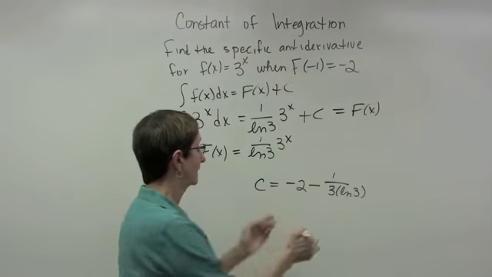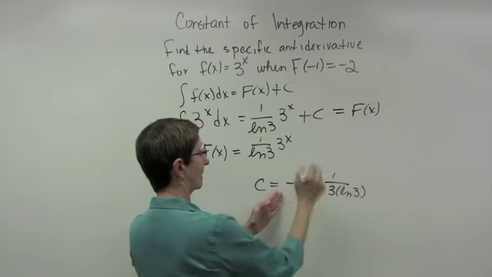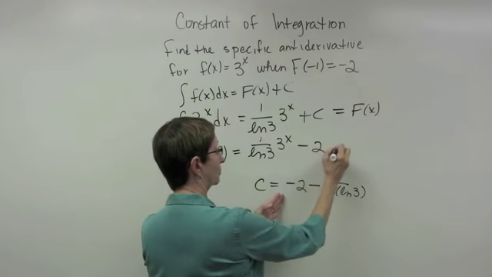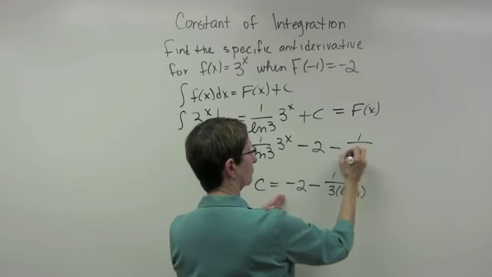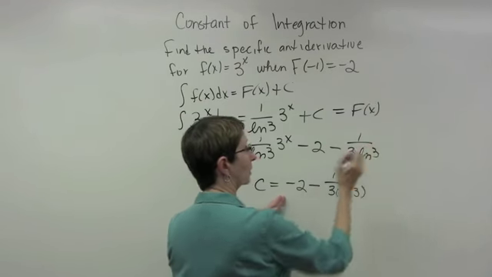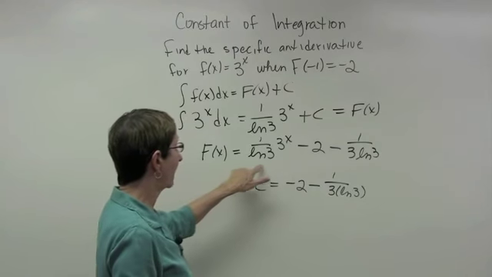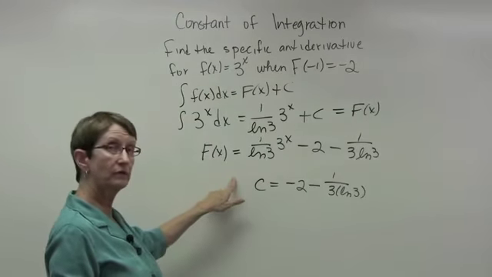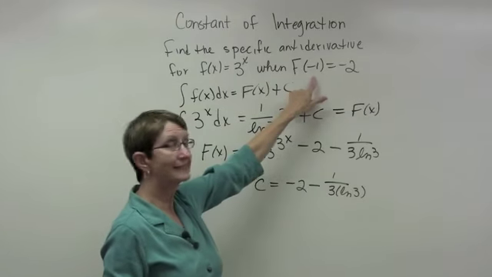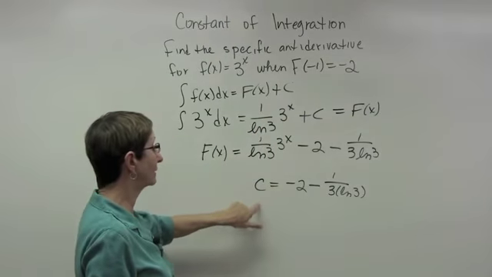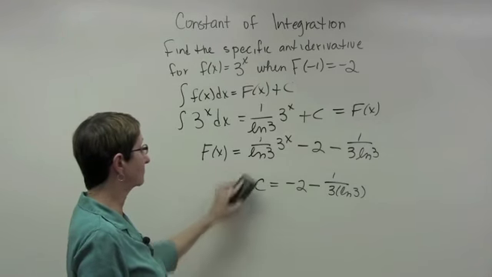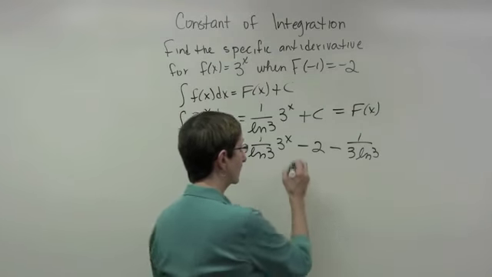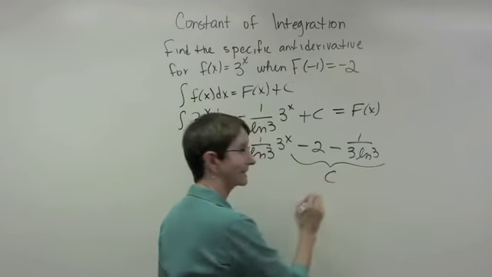So all of that goes in plus c, so I'm just going to go minus 2 minus 1 over 3 natural log of 3. So that is my specific antiderivative that has at negative 1 the value negative 2. And so all of this right here is c.